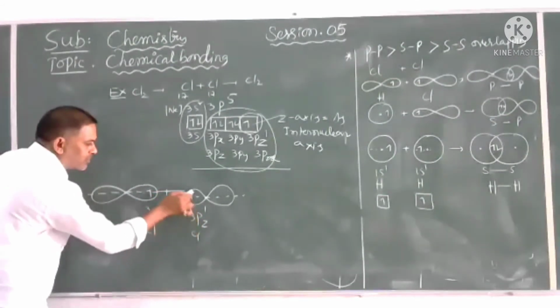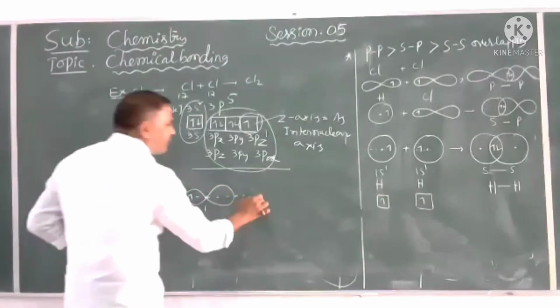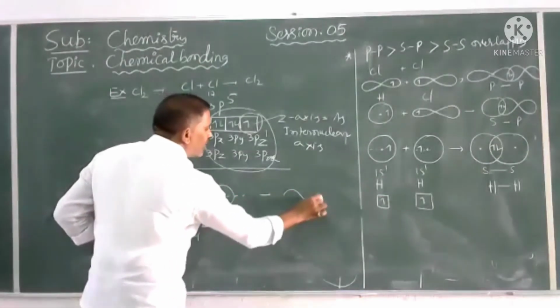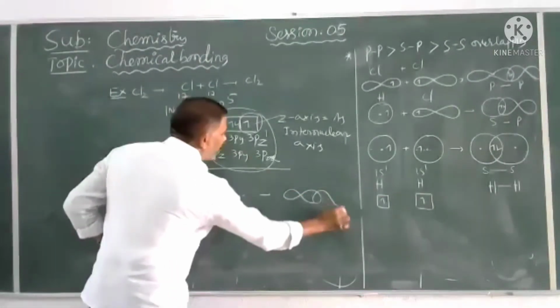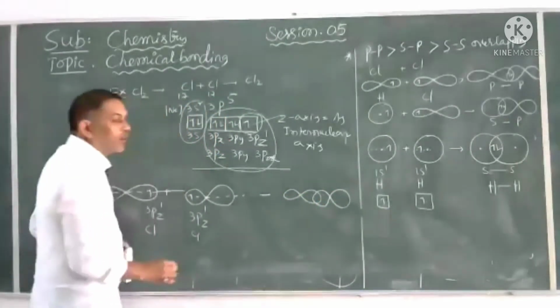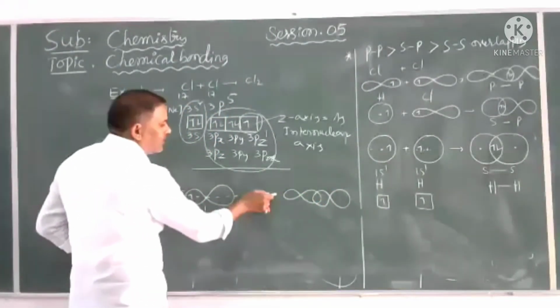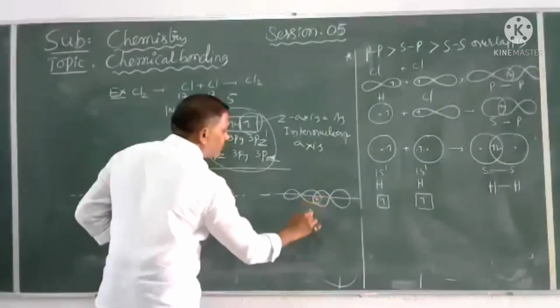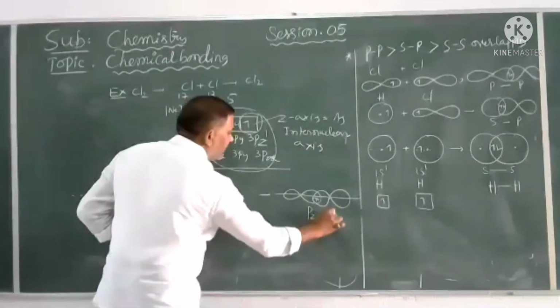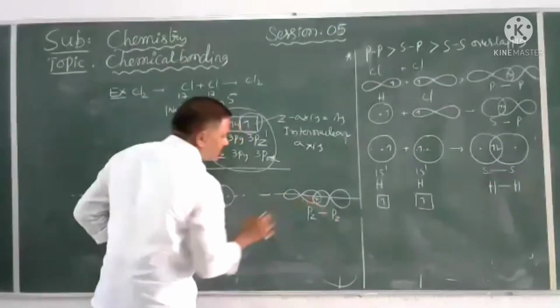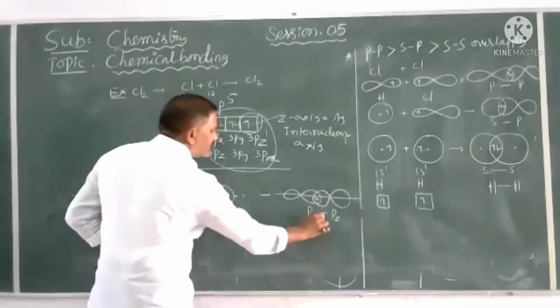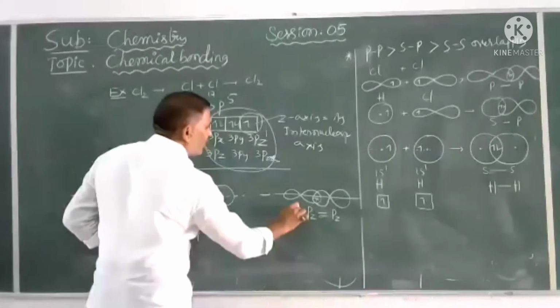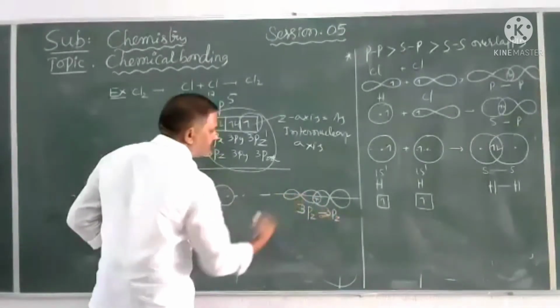The orbitals linearly combine and form one sigma covalent bond. That is called end-to-end overlapping. Here it forms an electron pair. This is a sigma covalent bond formed by chlorine 3pz and 3pz.